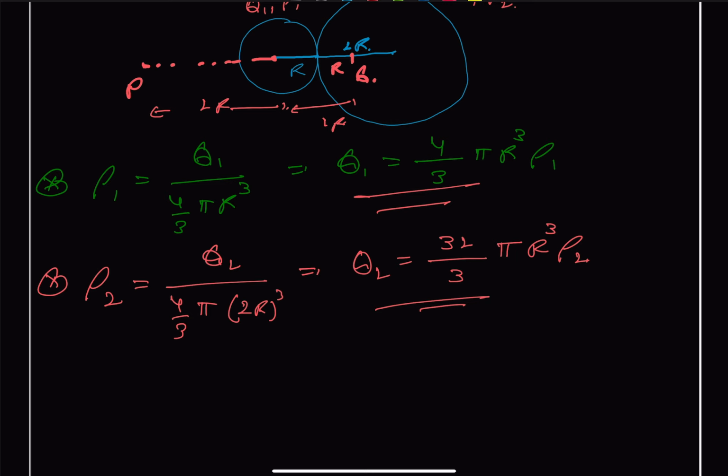And the general formula for electric field we already know: electric field is equal to k times charge divided by radius square.